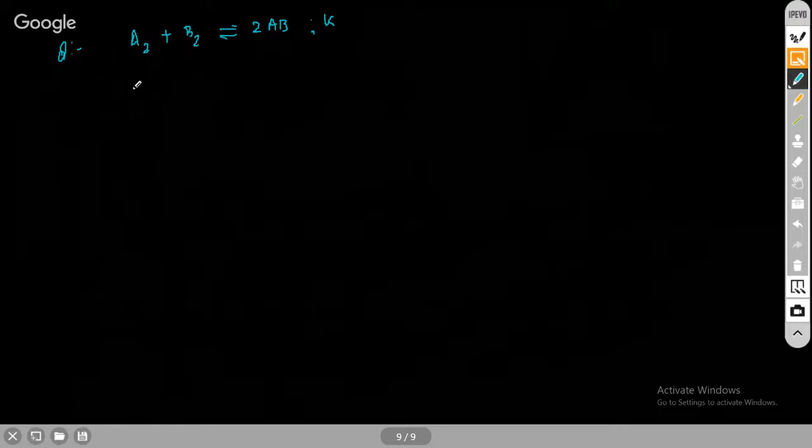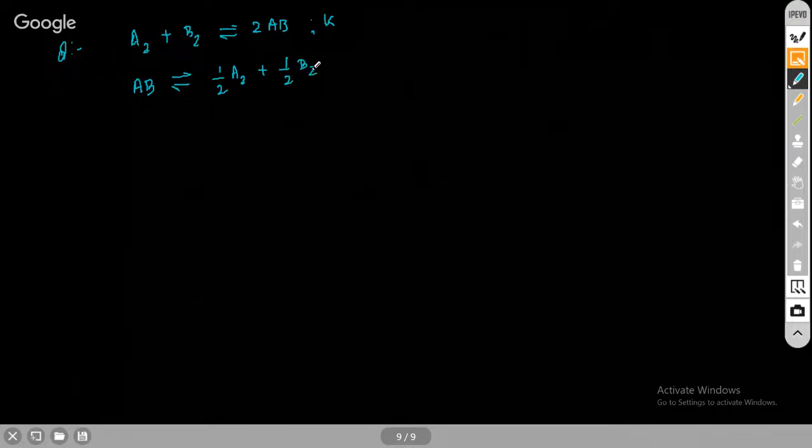What is the equilibrium constant for the reaction AB gives half A2 plus half B2? Tell me the equilibrium constant for the second reaction.